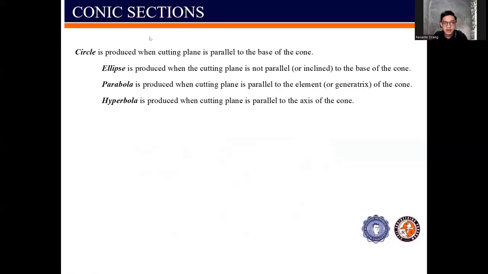An ellipse is produced when the cutting plane is not parallel or is inclined to the base of the cone. A parabola is produced when the cutting plane is parallel to the element or generatrix of the cone. Then last one is a hyperbola, produced when the cutting plane is parallel to the axis of the cone, or perpendicular to our base.